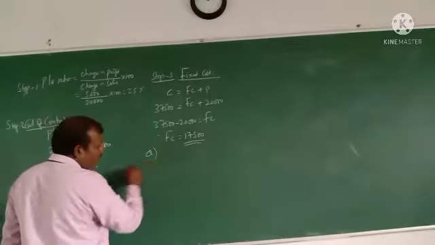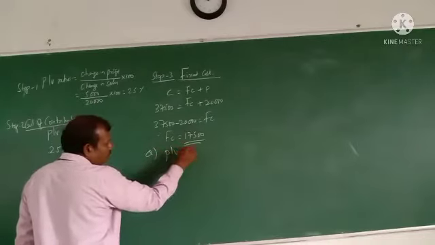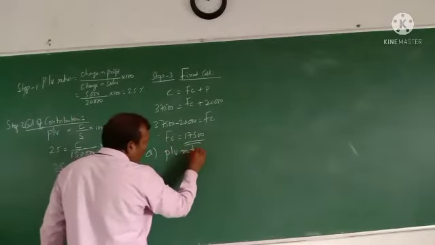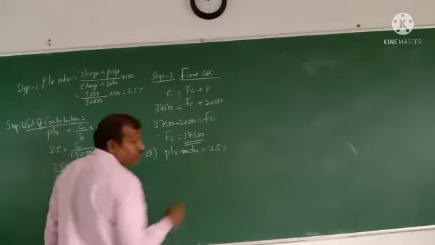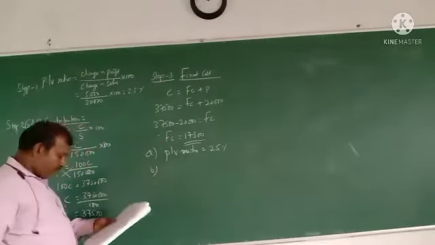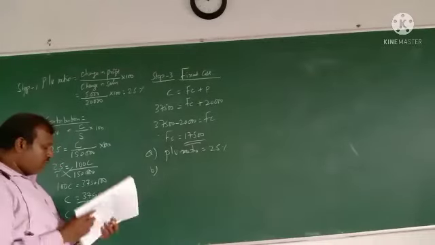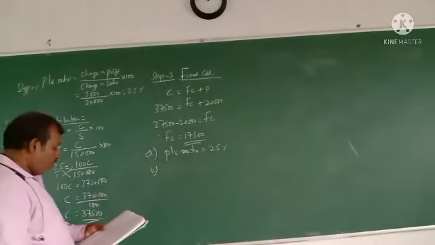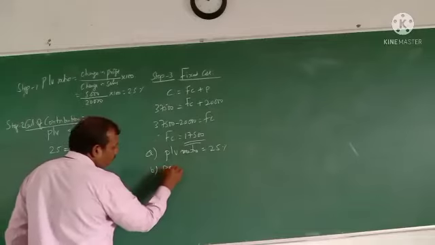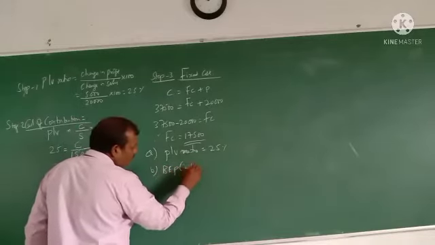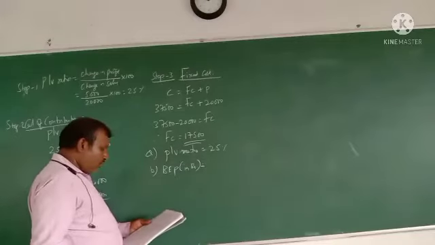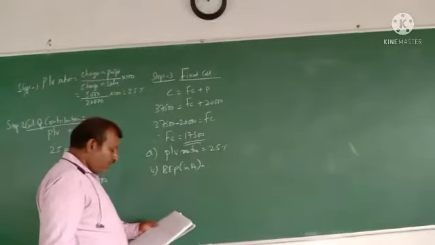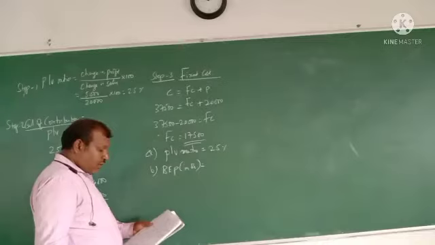First question asks for calculation of PV ratio. For PV ratio, we already calculated it is 25%. Okay. The second question they asked is BEP in rupees. So the formula you know: total fixed cost divided by contribution into total sales.